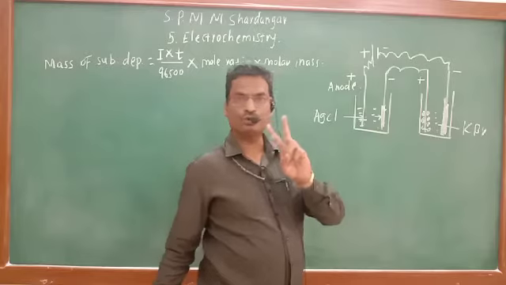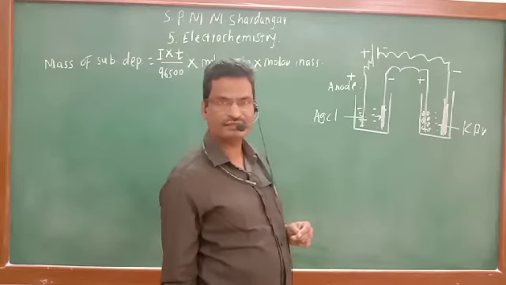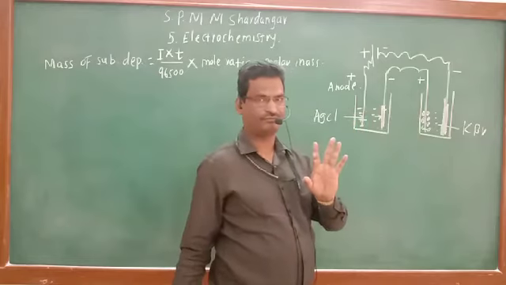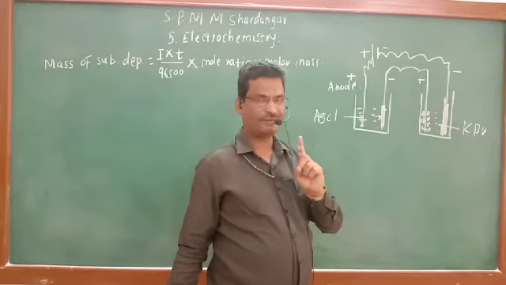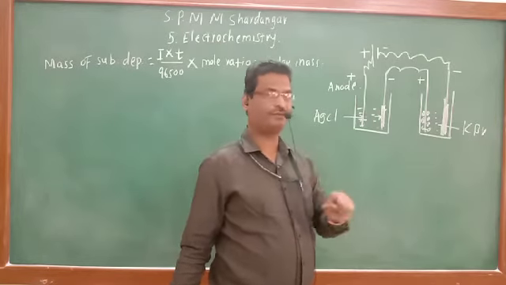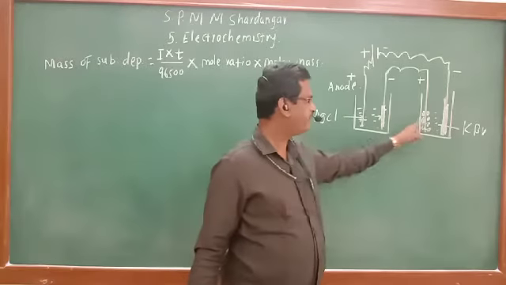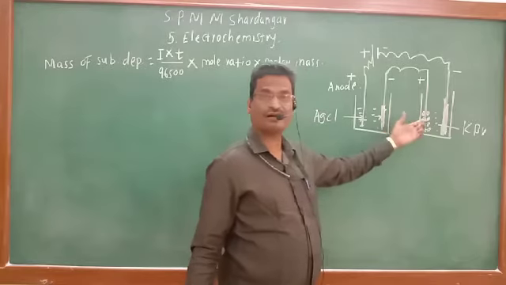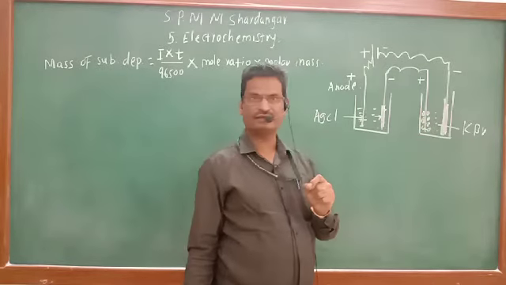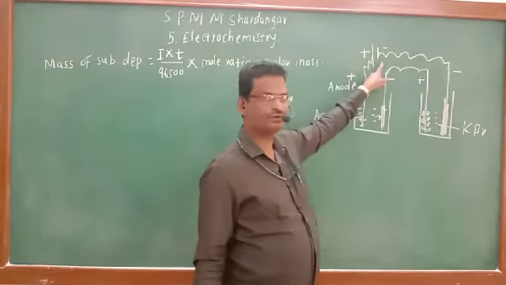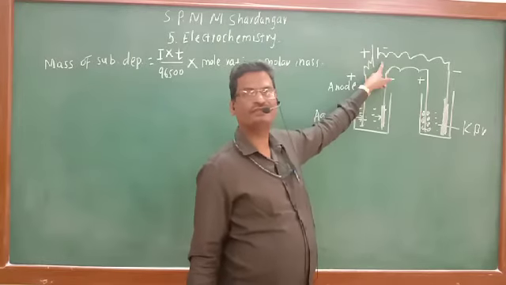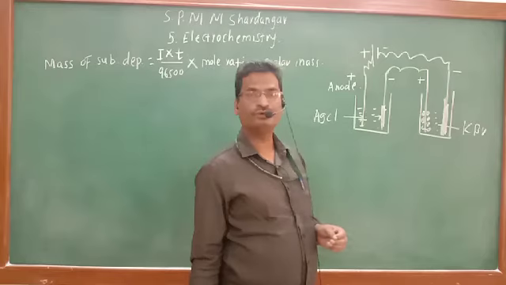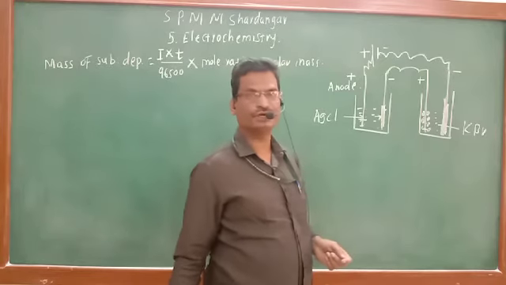Whenever two solutions are connected in series and the same quantity of electricity is passed through them, the quantity of electricity passed is the same in KBr and AgCl, because these two solutions are connected in series. Only one cell is used, therefore, the same quantity of electricity is passed into these two solutions.